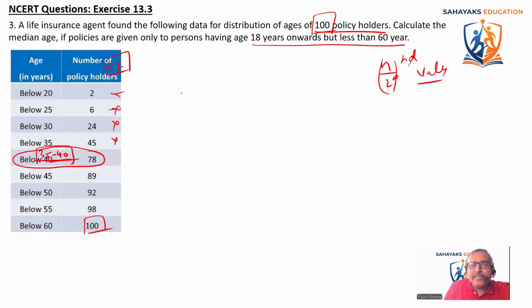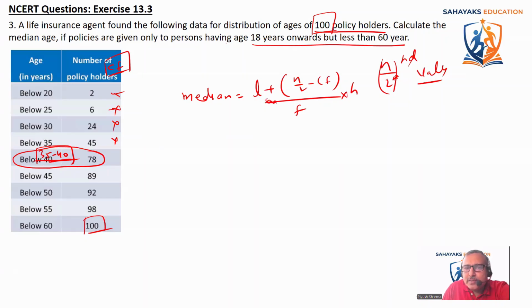Now, what is the median formula? Median is equal to L plus (n by 2 minus CF) divided by f, multiplied by h. So what is L? L is 35, because this class is 35 to 40. See, it is mentioned below 40, so if you would have computed the cumulative frequency, it would have come as 35 to 40.